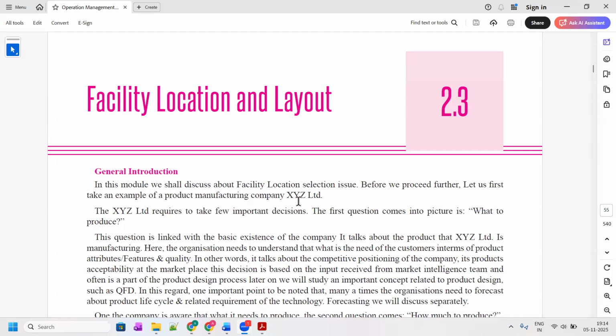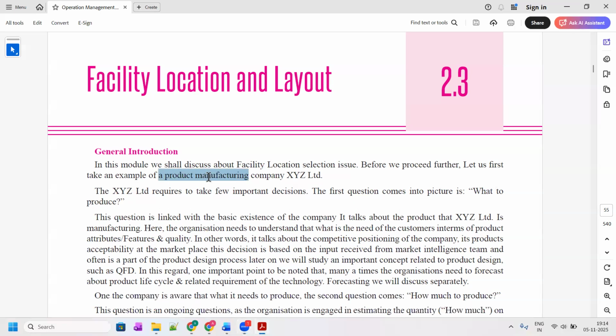Okay, before we go further and talk about facility location and layout, let's take an example of a company called XYZ Limited. Let XYZ Limited manufacture some units of something to create a finished good which they sell in the market.